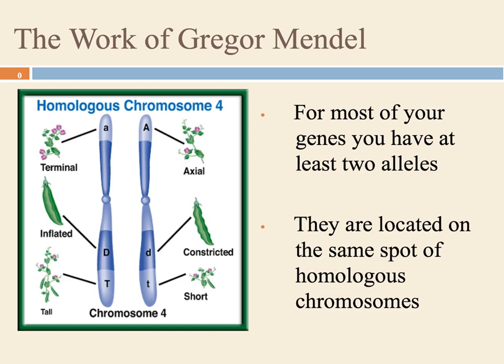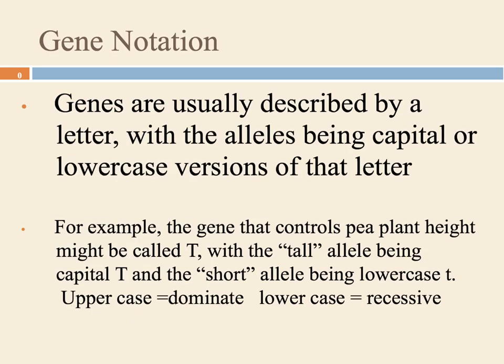For most of your genes, like I said, we're going to look at having 2 alleles. There are some that are going to have more, and we're going to talk about that later in the unit. So genes are usually described by a capital letter if it is a dominant trait, and if it is a recessive trait, we use a lowercase letter.